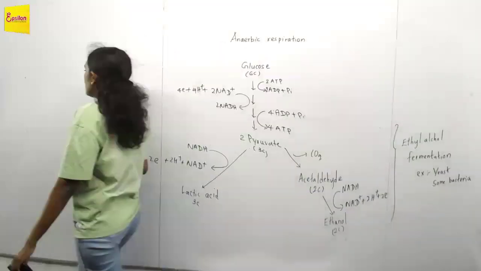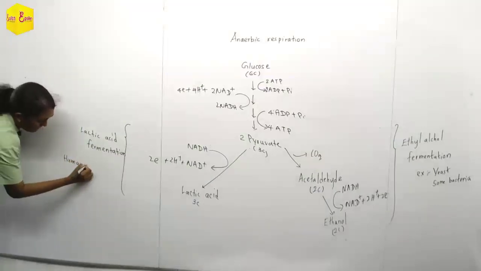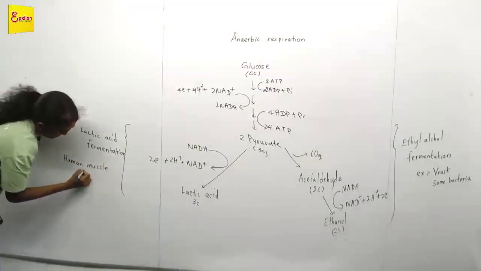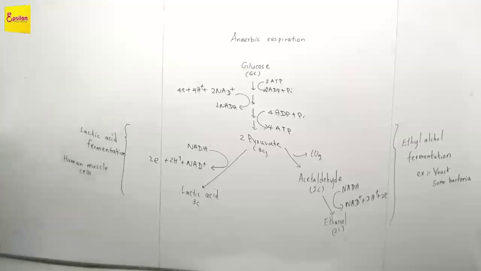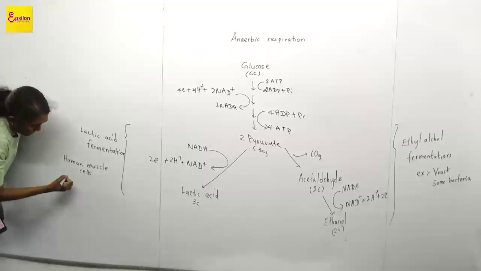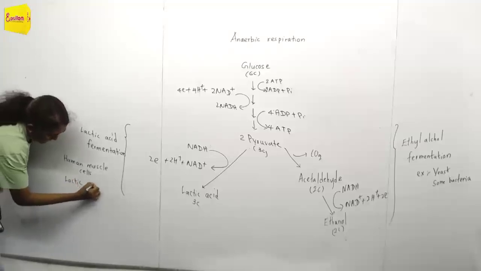Lactic acid fermentation is happening in human muscle cells. For example, after vigorous exercises, we get cramps. The cramps are due to lactic acid produced in the cells. Also, lactic acid fermenting bacteria.